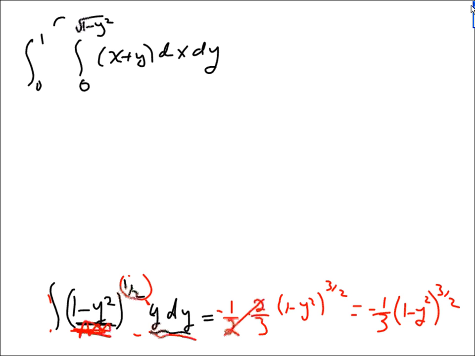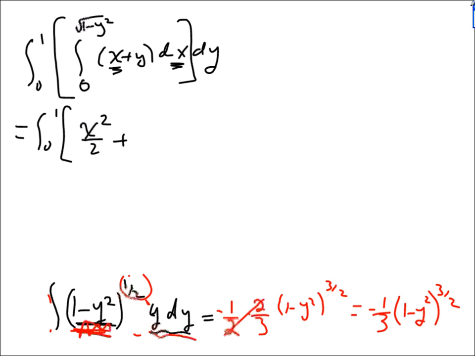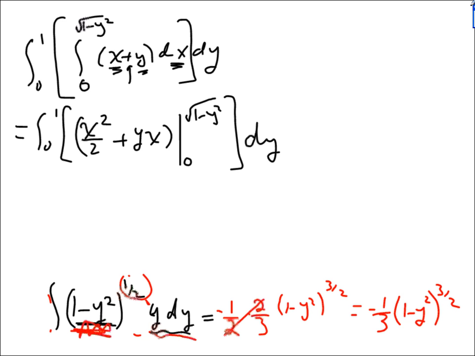I think in the last problem I said times. That's not correct. So first we do this. We put all our energy into figuring out what that integral is. The integral of x dx is x squared over 2, plus the integral of y dx, which is yx. And x is going from 0 to the square root of 1 minus y squared. And whatever that is, we integrate that from 0 to 1 dy.